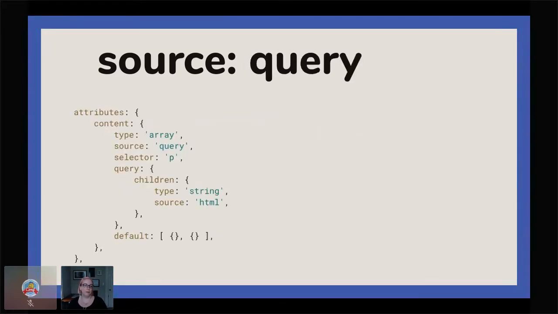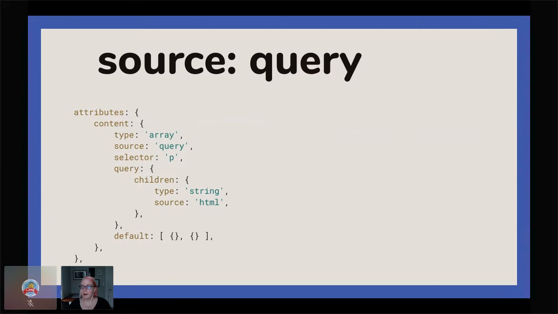So if we want to build on all of those that we've just talked about, you can also use source query. And this builds out an object based on the things you pass into that query property. So in this case, we're passing children. So we're going to end up with an array of objects, each with a children property to it.